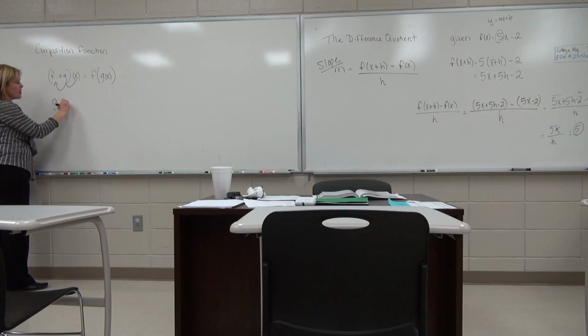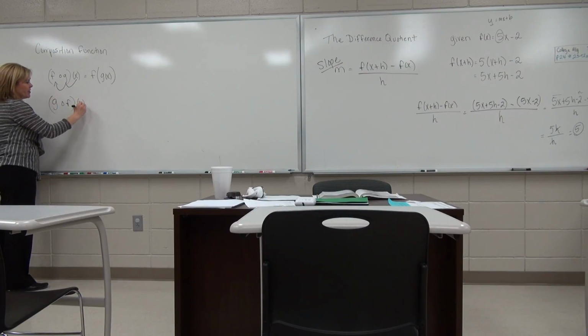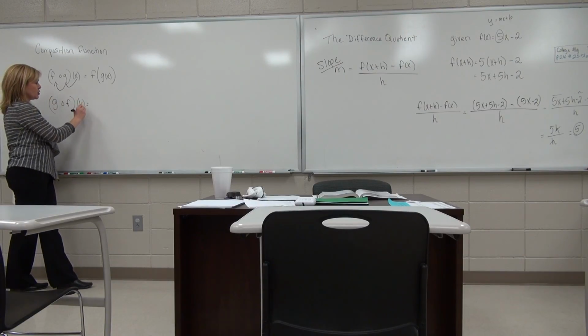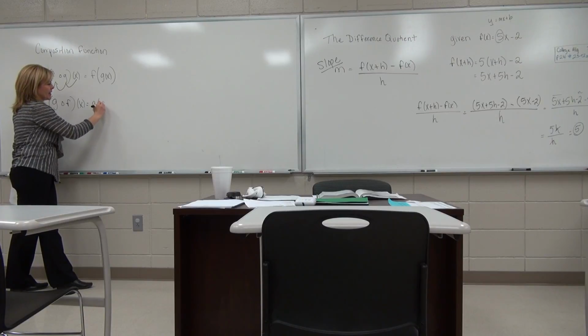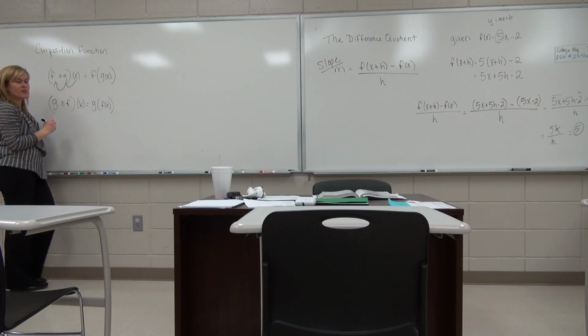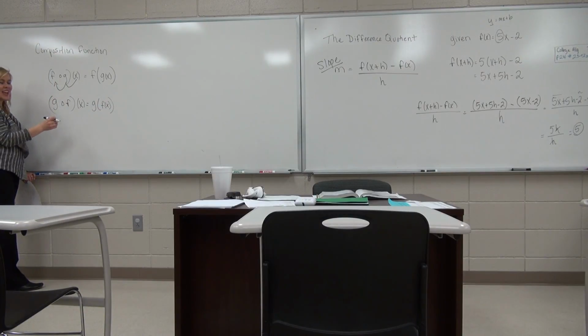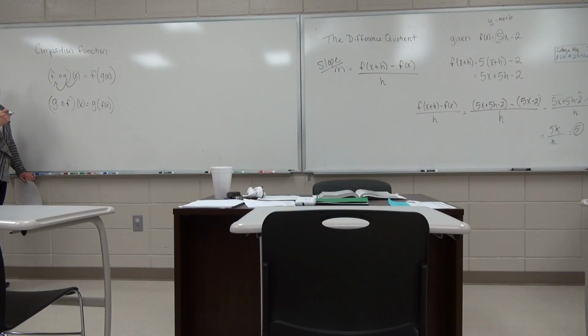Or if you had g composed of f of x, this means you put the f of x function inside of the g function. So everywhere there's an x in the g function, you put the f of x function in its place. I don't get that. Okay, well wait till you see an example. Just see an example.